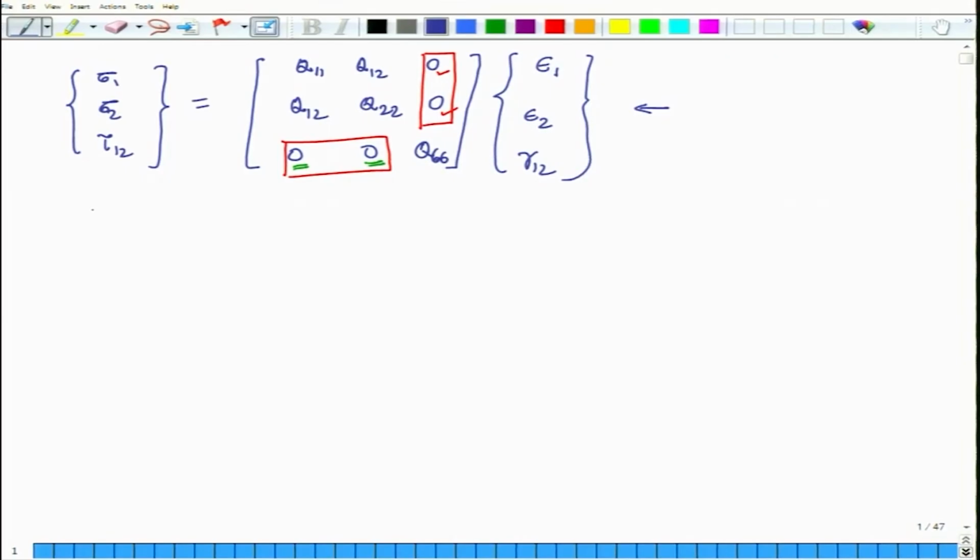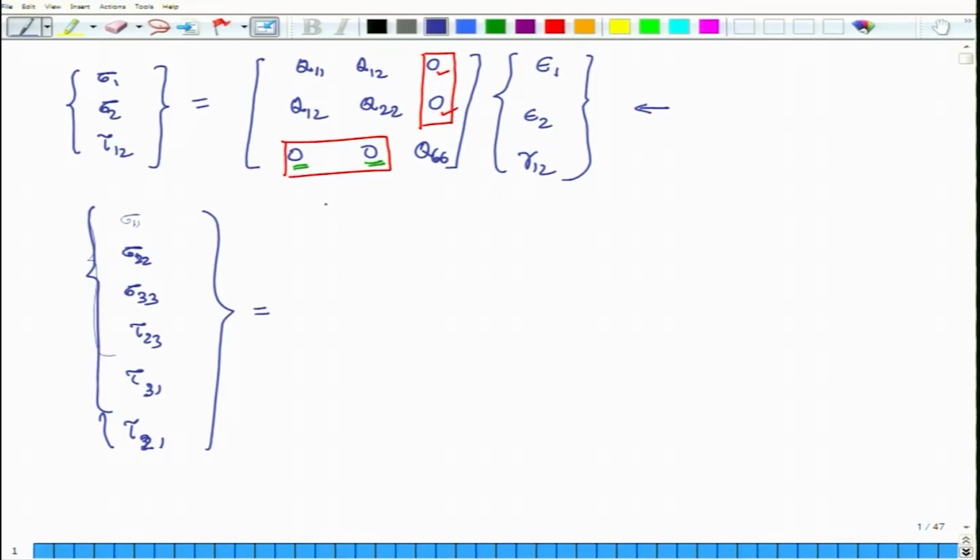The system under a 3D stress state has a relation something like this: sigma 11, sigma 22, sigma 33, tau 23, tau 31, tau 12. So, this is my stress vector, and this is coupled to the strain vector through a 6 by 6 square stiffness matrix.